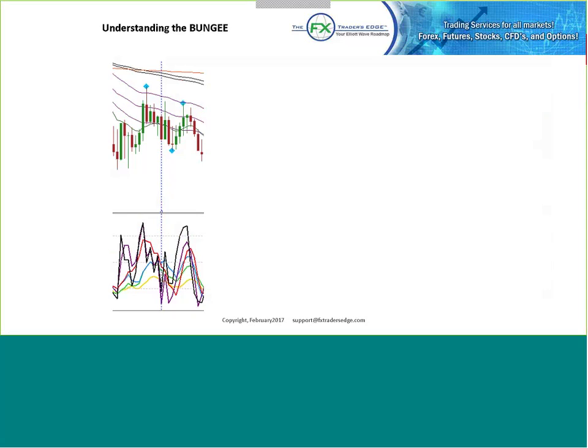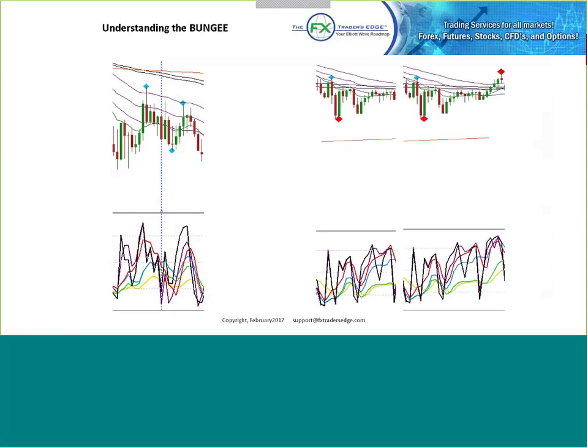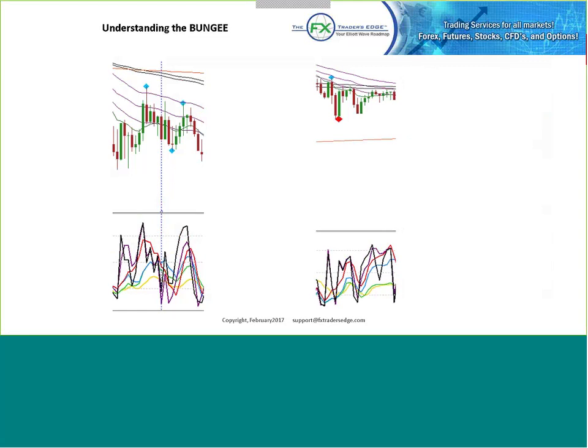Okay. What did we do here? So on the left here, we've got a vertical blue line. Yeah, that is the trigger candle for a breakout tree.